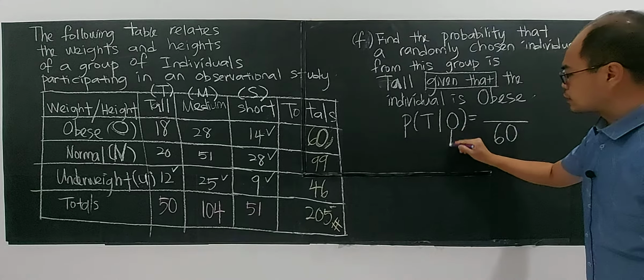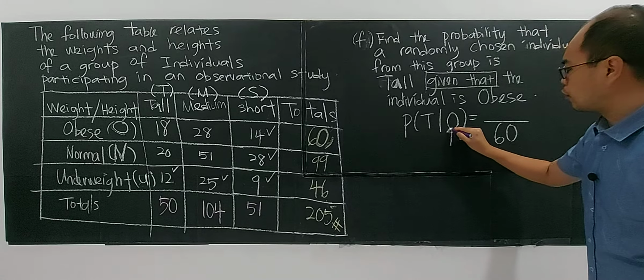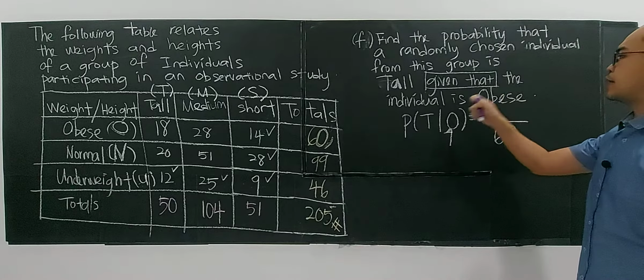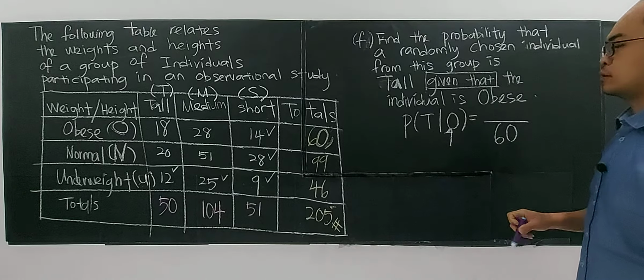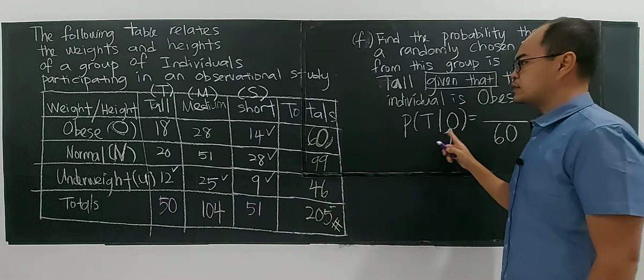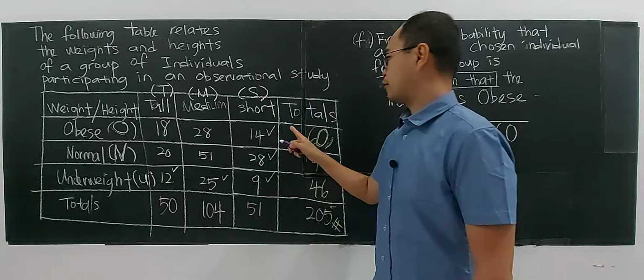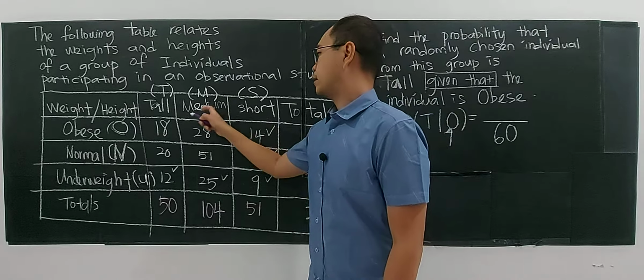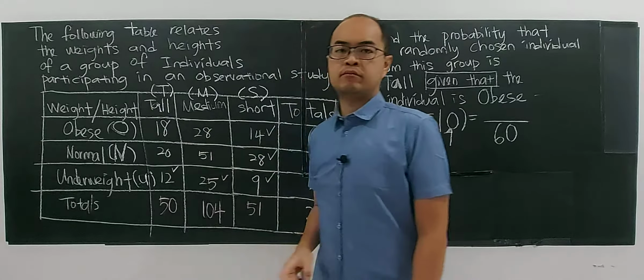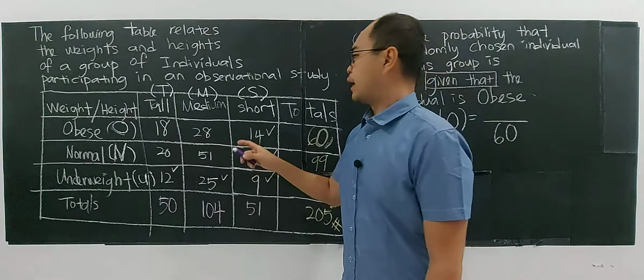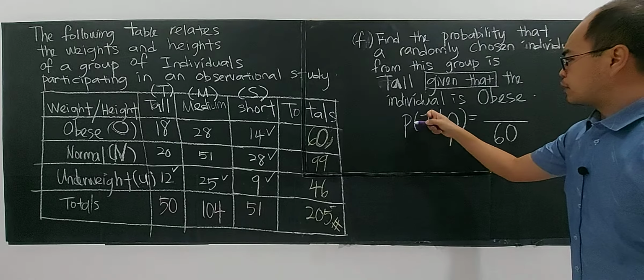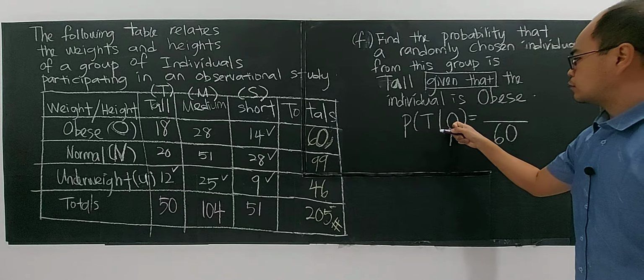We know it's come from the obese individual, because it's given that the individual is obese. From this obese individual, we have short, medium height, and tall. But they said probability of tall given obese.